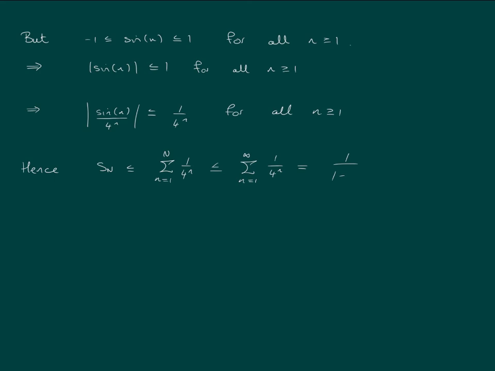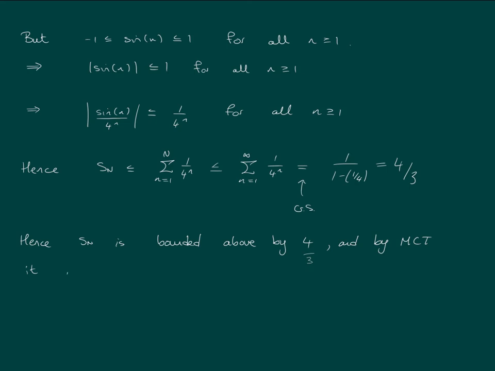So this is equal to 1 over 1 minus a quarter, which is equal to 4 over 3. Hence, Sn is bounded above by 4 over 3, and by the monotone convergence theorem, it must converge.